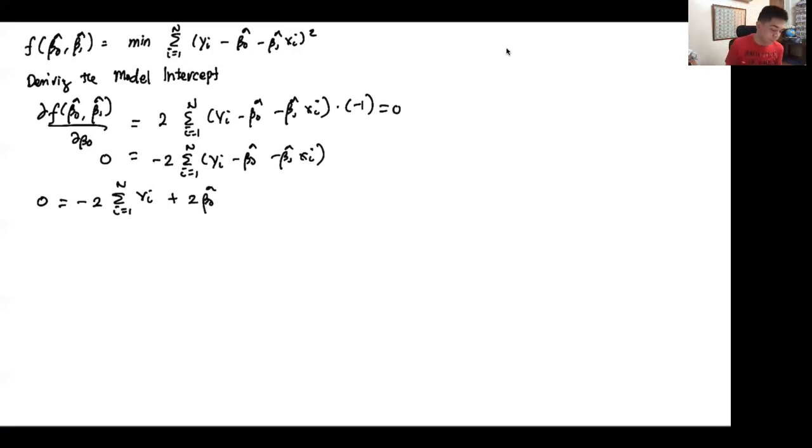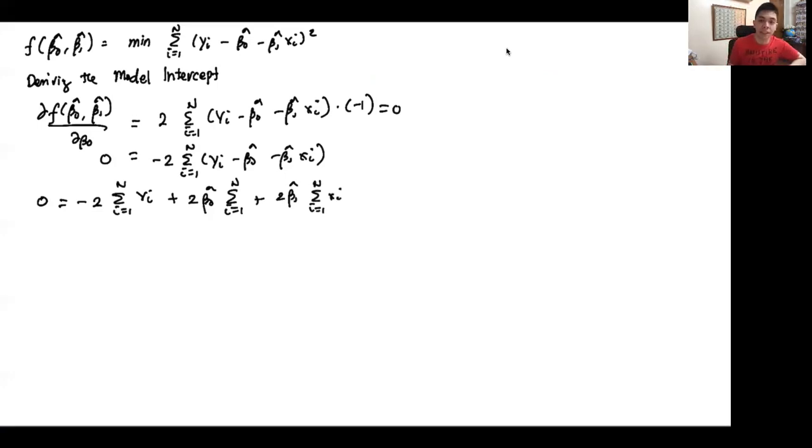You don't sum those up. So you do sum i equals 1 to n, that plus, because minus times a minus is a plus, plus 2 beta 1 hat summation i equals 1 to n of x sub i. Okay, so we have that one there.